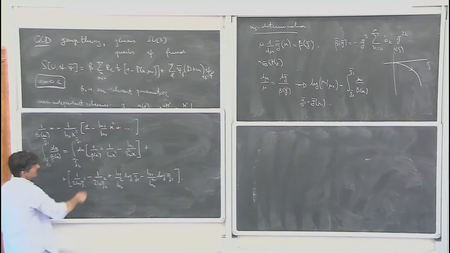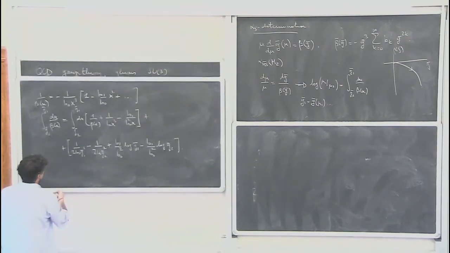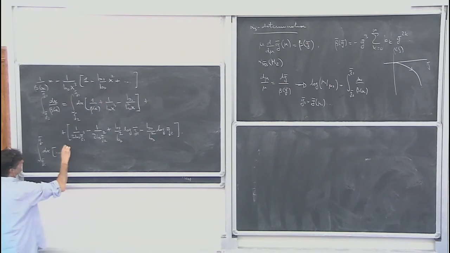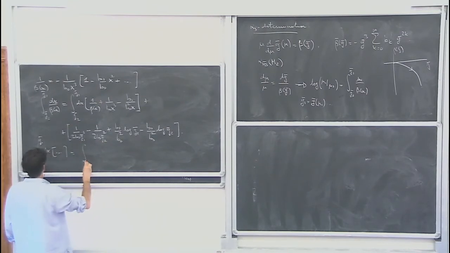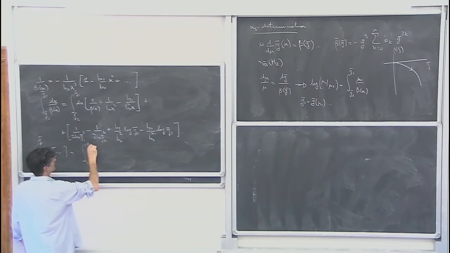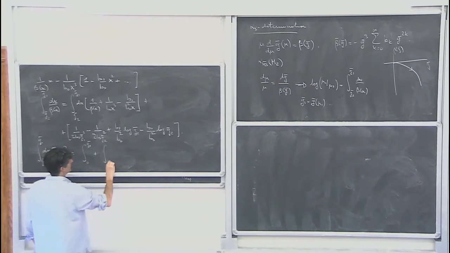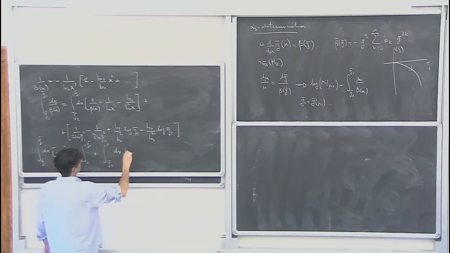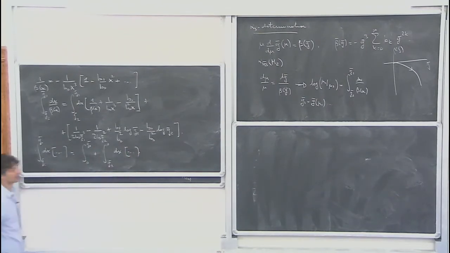So I'm going to take this integral and split it into two. The integral from g2 bar to g1 bar in dx of all that stuff, I can write as the integral from 0 to g1 bar plus the integral from g2 bar to 0 of dx of all that.